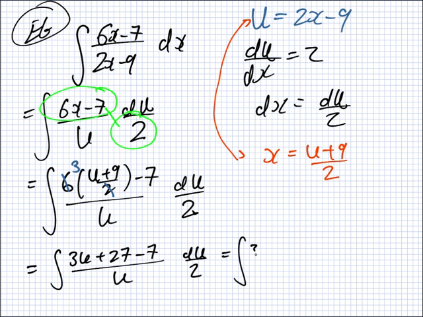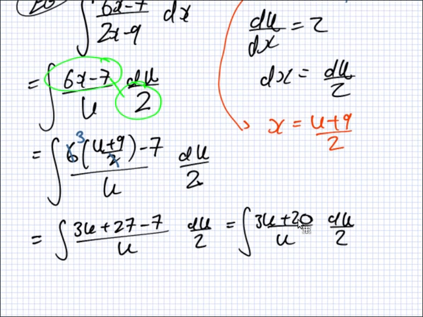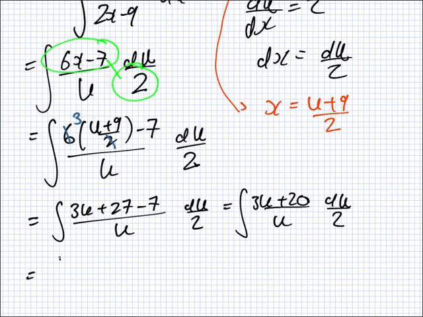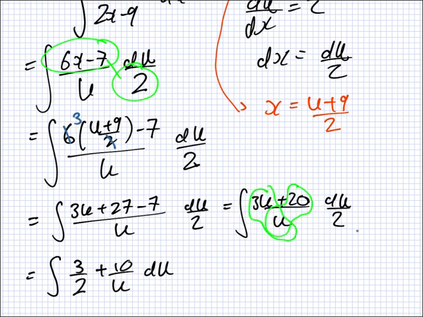So that's equal to 3u plus 20 over u du over 2. So that's equal to 3 over 2 plus 10 over u du, because we can split this into 2 and divide by 2. So that's equal to 3 over 2u plus 10 log u plus c.